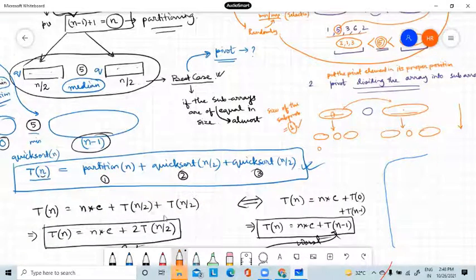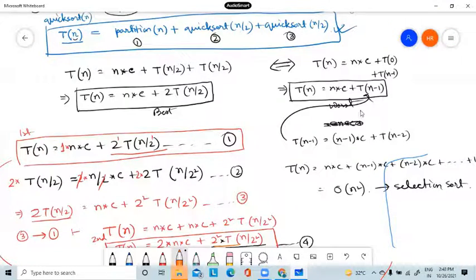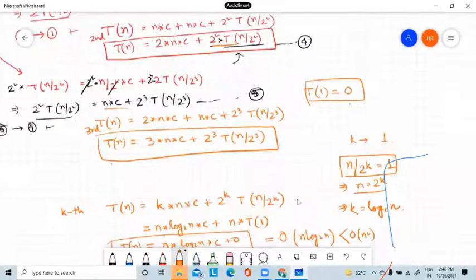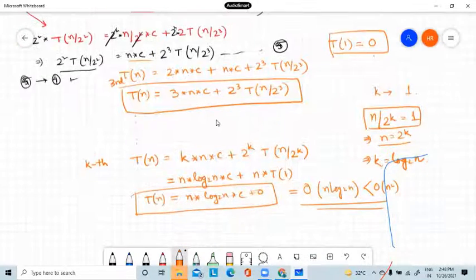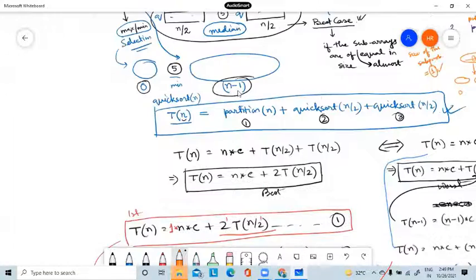Then from this, you have to move step by step into this. From this, you can also move into the worst case time complexity. So this is the calculation of the time complexity. Okay. So I hope it is clear for quick short.